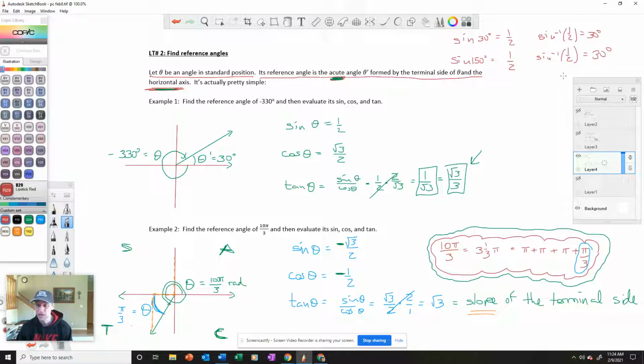Okay? So what you need to understand is that when you're finding an angle in your calculator, it's only going to give you basically the reference angle. So if you want an angle that's actually like 10 pi over 3 radians, you're going to have to think and adapt. The calculator is never going to give you 10 pi over 3, or it's never going to return a value that's more than 90 degrees.